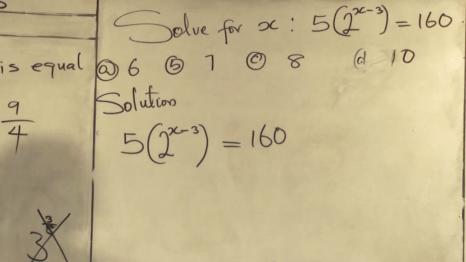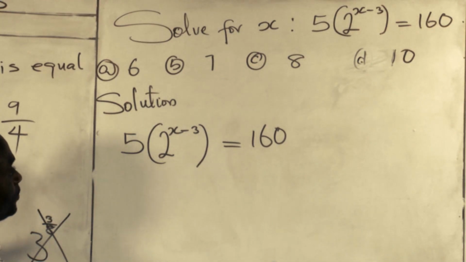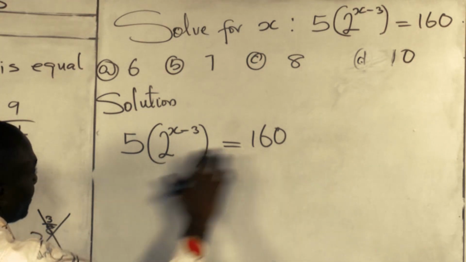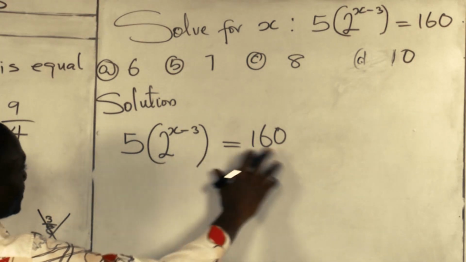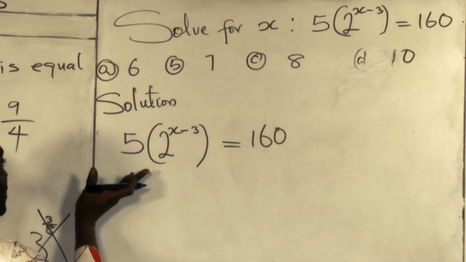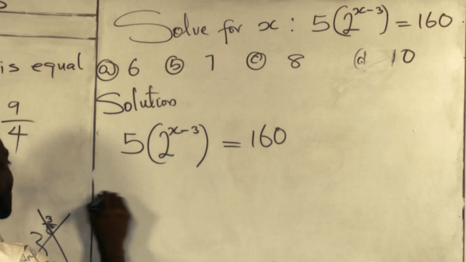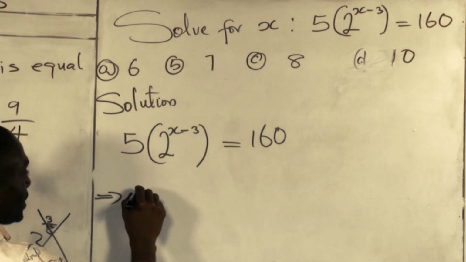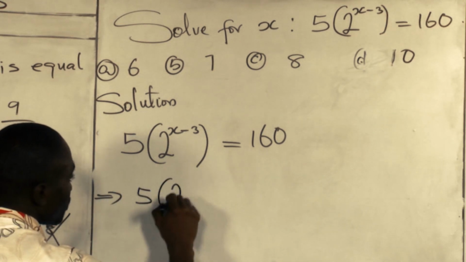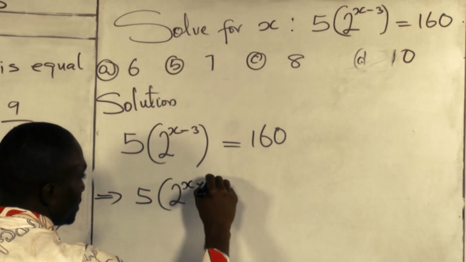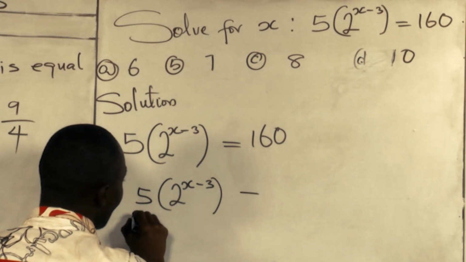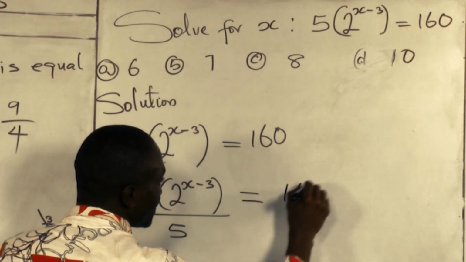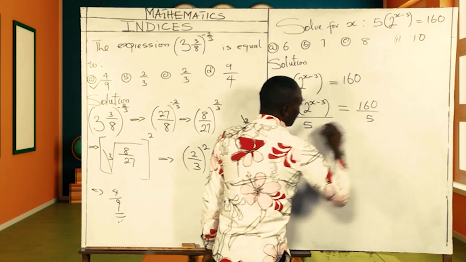All right. So what you need to do is take away this 5, by dividing both sides by 5. Dividing both sides by 5, the 5 here will cancel out. This gives us 5 times 2 raised to the power x minus 3, everything over 5, equals 160 over 5.